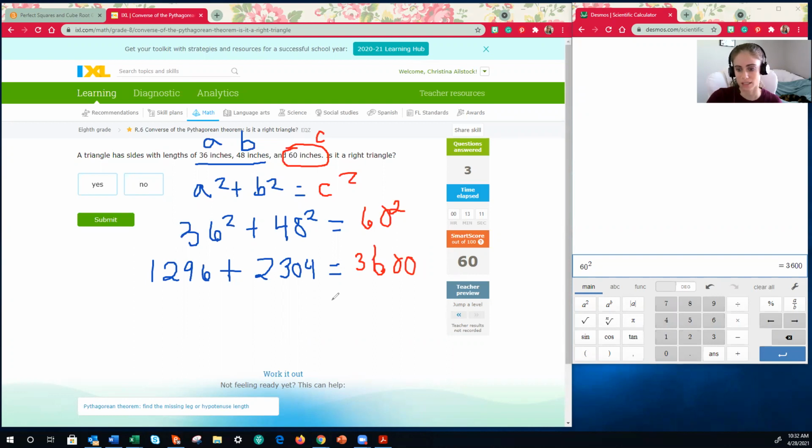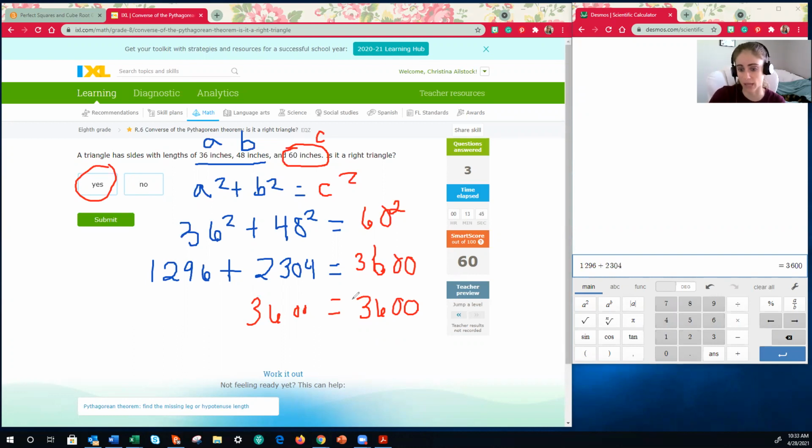All right, let's see if we finally get one that doesn't work. So 1,296 plus 2,304. This one does work as well. That's kind of funny. All right, 3,600. This one does work, but since I never came across one that didn't work, how you would know if it didn't work is if you don't get the same answer.